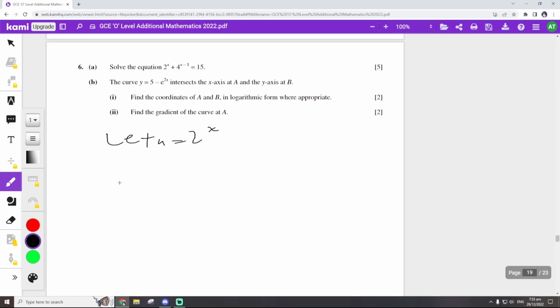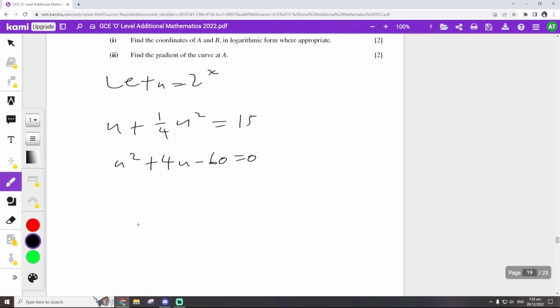So what I can do is I can write u plus quarter u squared equals 15. Simplify this and get a standard quadratic equation. u squared plus 4u minus 60 equals 0. And I think this can be factorized. (u plus 10)(u minus 6) equals 0.